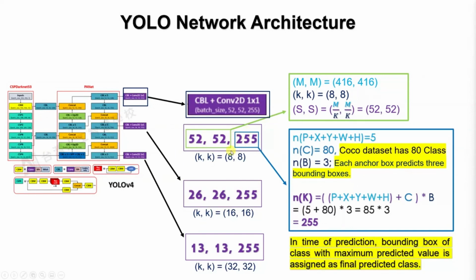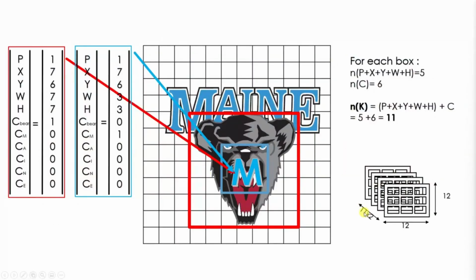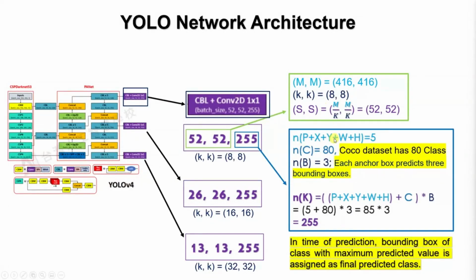What about this 255? Remember where we calculated the size of this vector. There is 5 in general, and then there is 1 for each class. The 5 is for the prediction probability, the center, and the width and height. The network was trained on the COCO dataset, which has 80 classes.